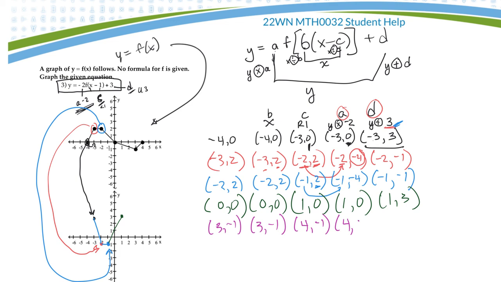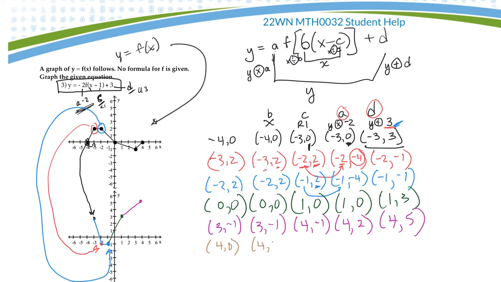Then move that up 3, so 2 plus 3 is 5. So 4 and 5, right about there. And then the last point, let's pick this color, orangish. My last point is 4 and 0.